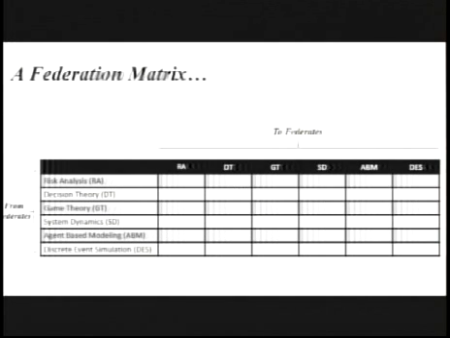So the idea would be to structure this 6x6 matrix and explore each of the 36 cells and ask yourself the question: is there something important in the way of information that should be flowing from the federate on the row header to the federate on the column? You'll notice it also includes diagonals.